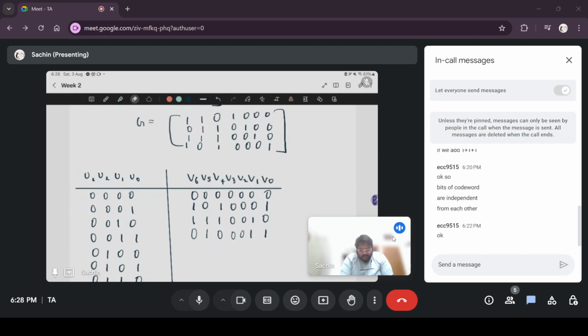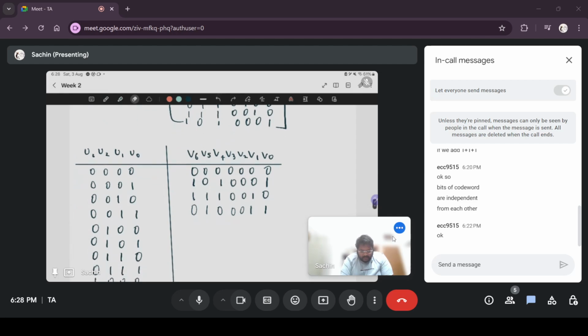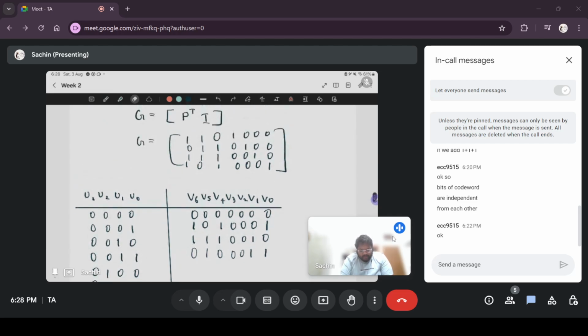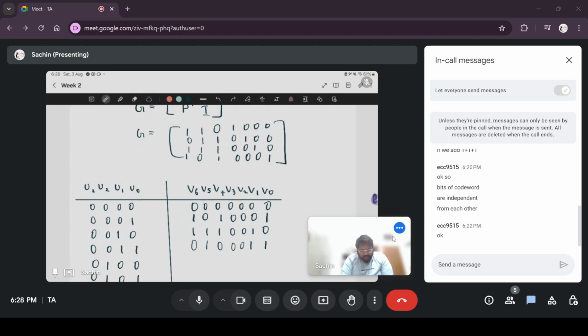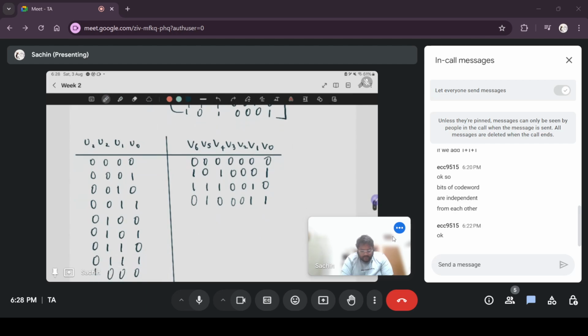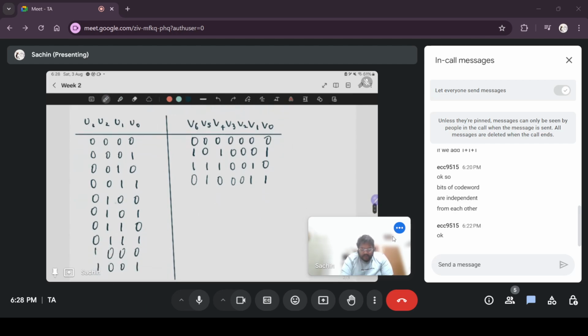All we are doing is we are taking the message and multiplying it with the matrix G, where the message is a row vector. The row vector times a matrix will give you another row vector. Okay, and then I'll simply write down the code words.